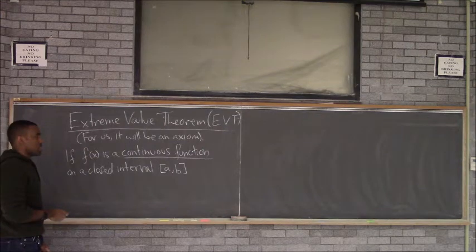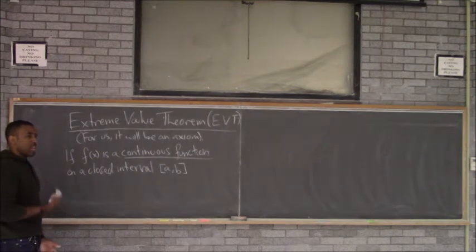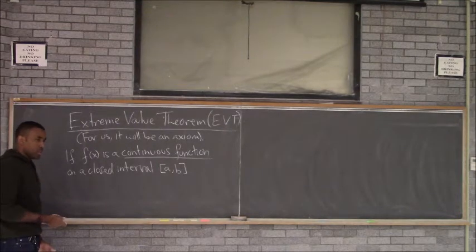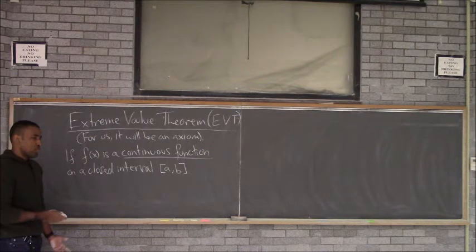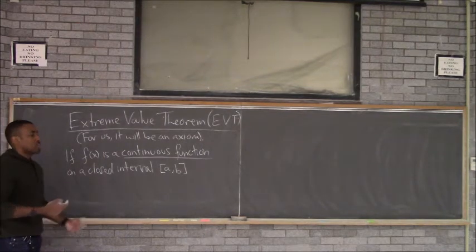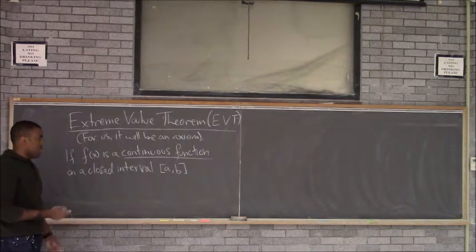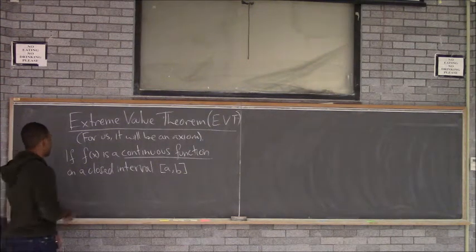That is what it means to be continuous at a point. So continuous in general means that that equation holds for all points in the domain. What is a continuous function? It's a function that's continuous at all points in its domain. What does it mean to be continuous at a point? The limit as x approaches a of f of x is equal to f of a.